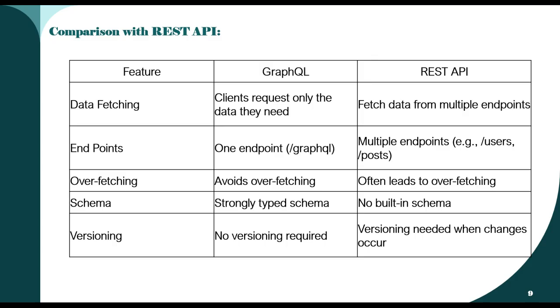But in REST API there is no built-in schema. Versioning: GraphQL doesn't require any versioning, but REST API does, because as REST APIs evolve there is a need for backward compatibility, so versioning is required.